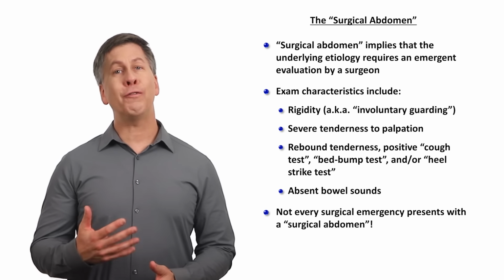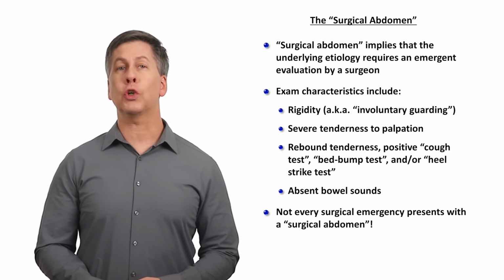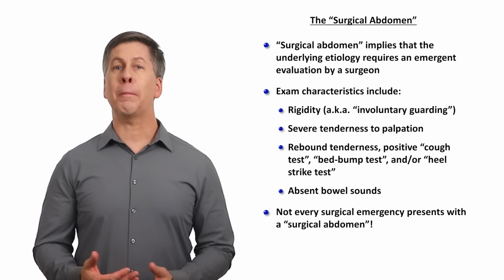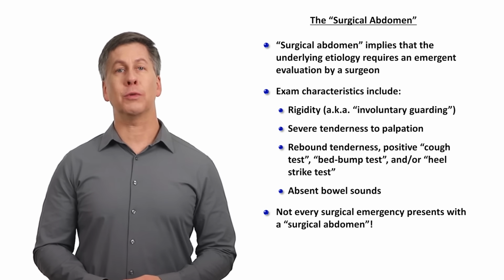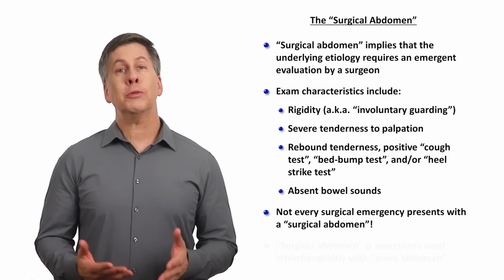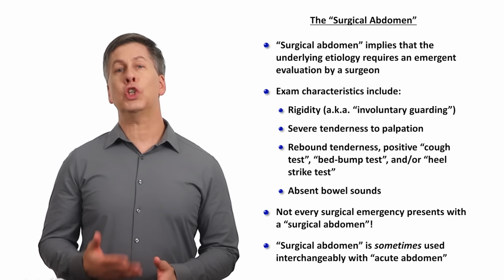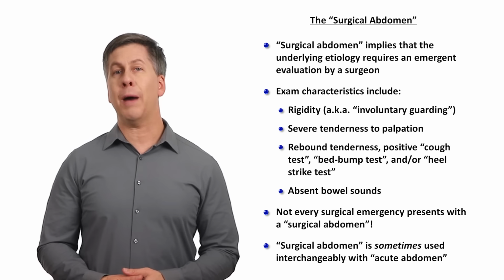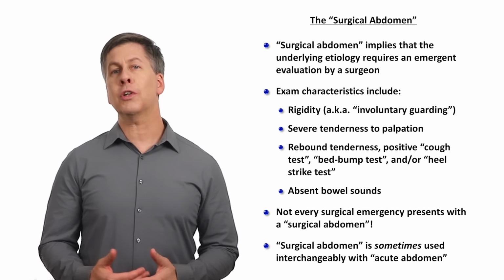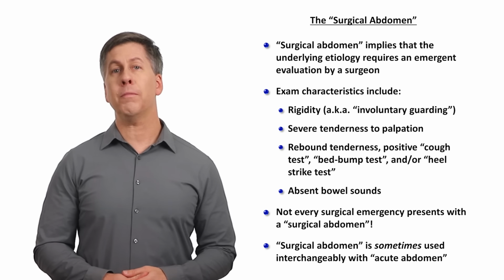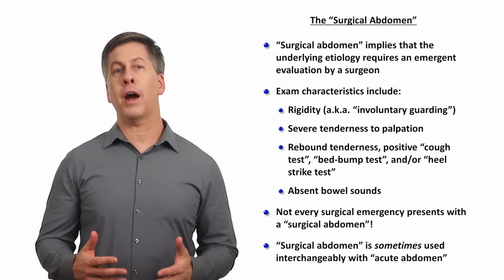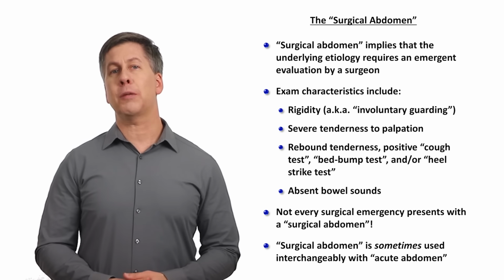Also, not every surgical emergency presents with a surgical abdomen, specifically emergencies which are extraperitoneal, such as a ruptured aortic aneurysm. The term surgical abdomen is sometimes used interchangeably with the term acute abdomen, although some clinicians use the latter term more broadly to mean any patient with acute abdominal pain and any notable physical exam findings, irrespective of likely pathology.